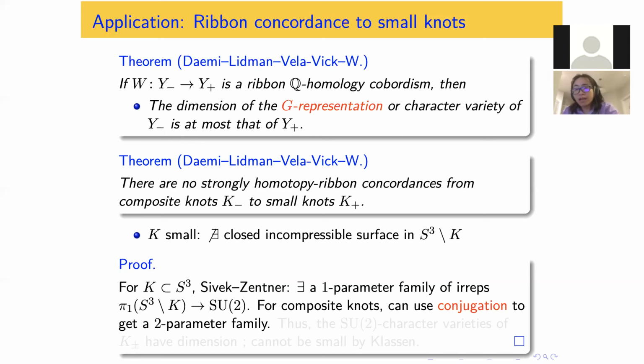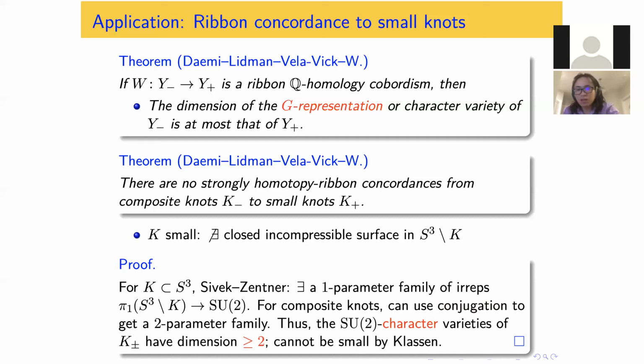In fact, you can further conjugate this with SU(2) to get that the SU(2) character variety of the exterior of K minus, because K minus is a composite knot, has dimension greater than or equal to 2.